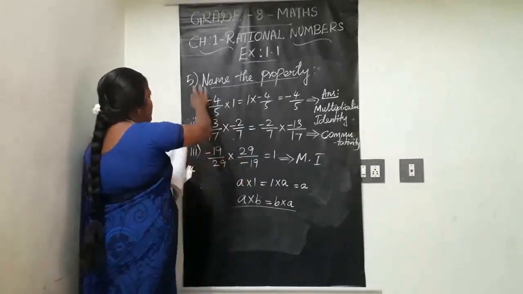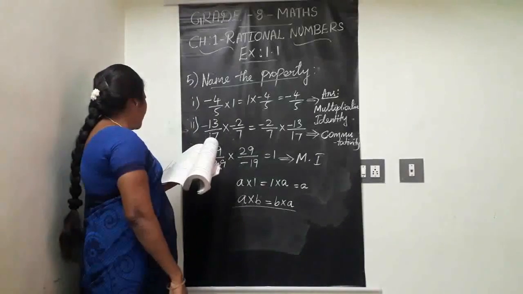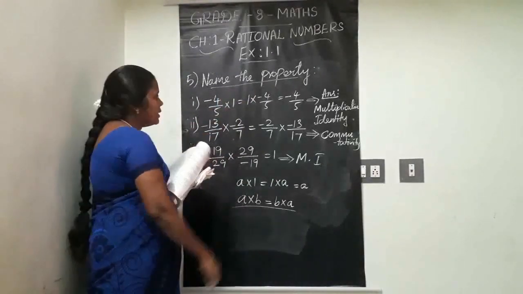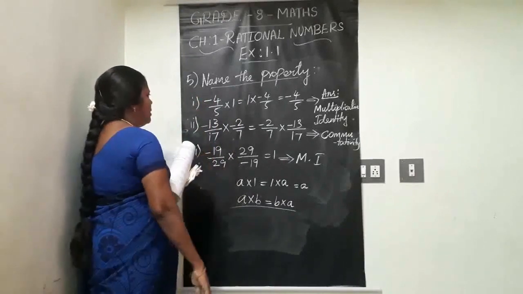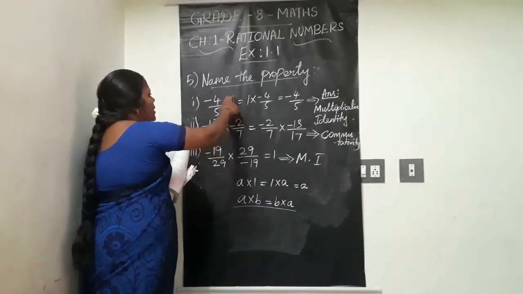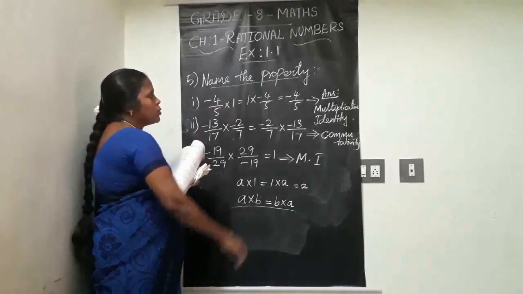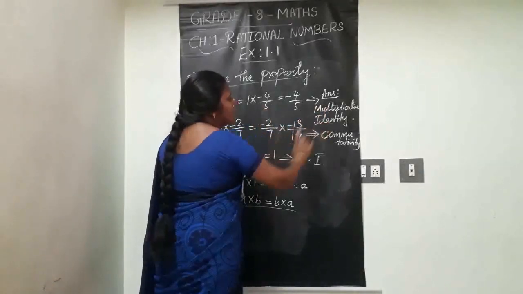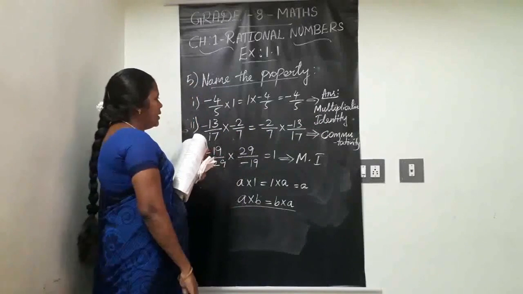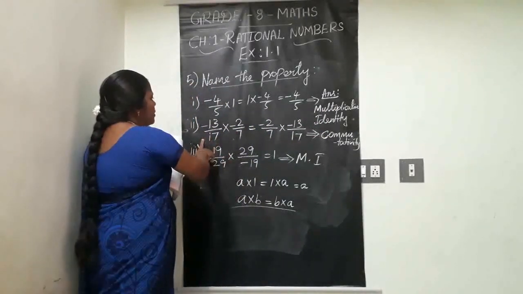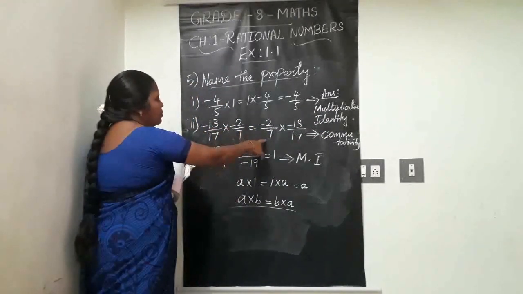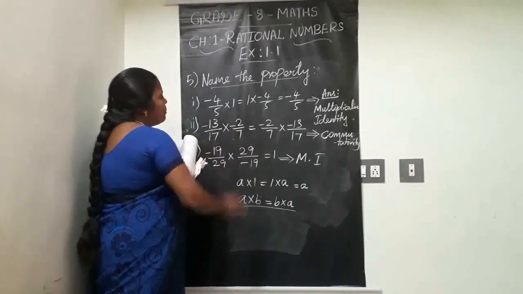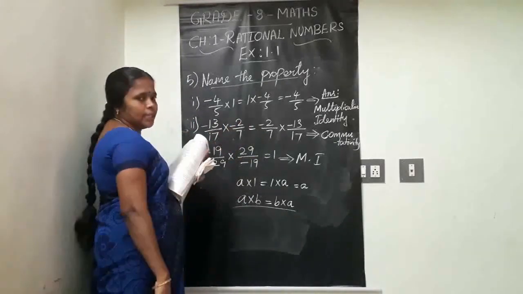Clear, children? In the fifth section, again I am telling, we only have to find out the name of the property. In that category, 3 questions are given. In the first question, 1 is involved in multiplication, so we can identify the property name: multiplicative identity. In the second question, a product is coming on both the left hand side and right hand side, but the place of the numbers changes.